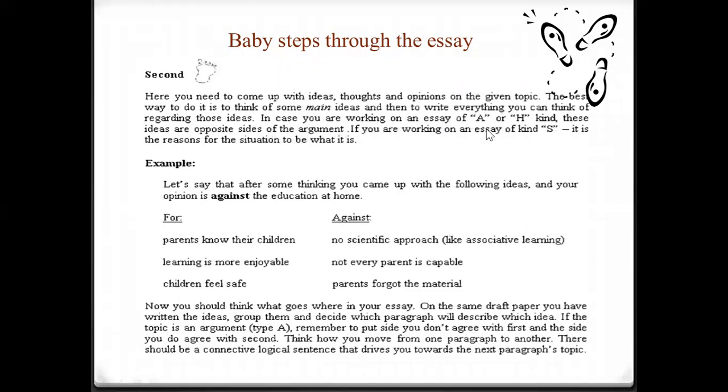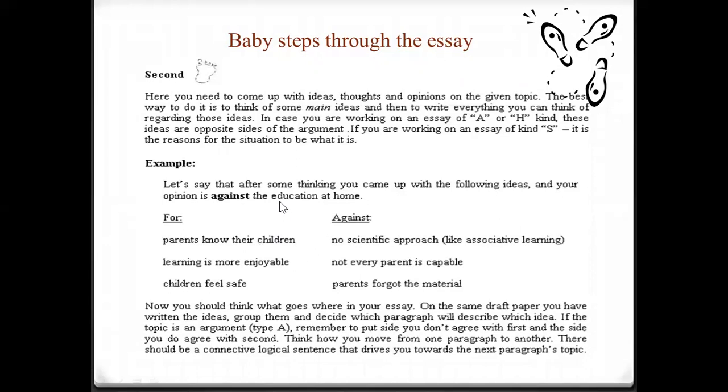If you are working on an essay of kind S, it is the reasons for the situation to be what it is. Say, for example, let's say that after some thinking, you came up with the following ideas and your opinion is against the education at home.